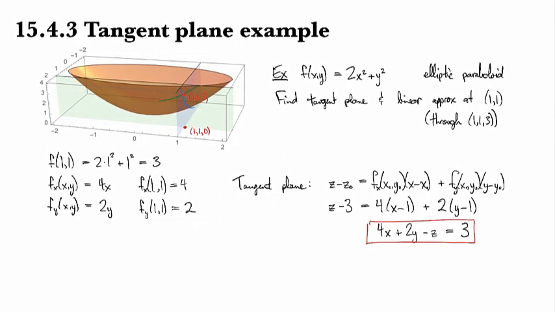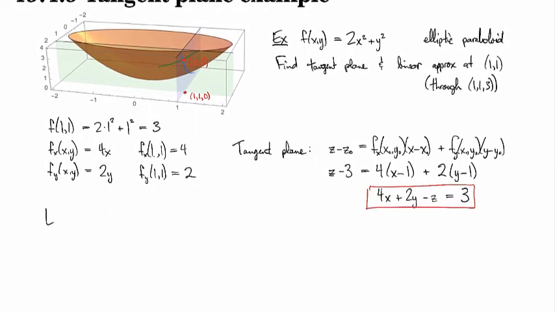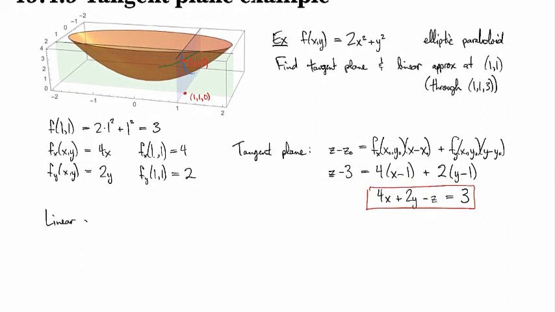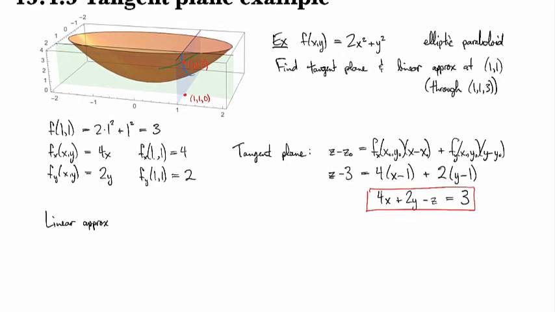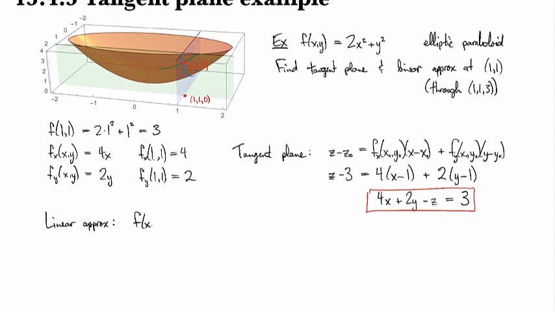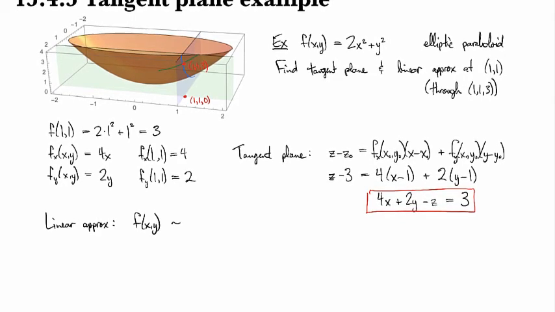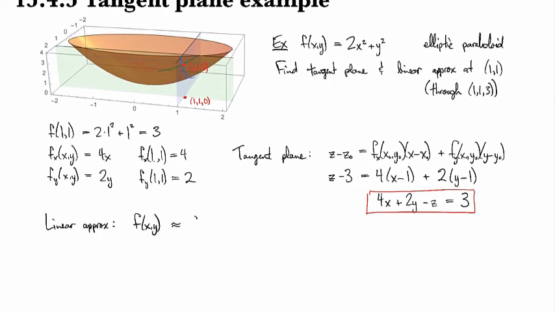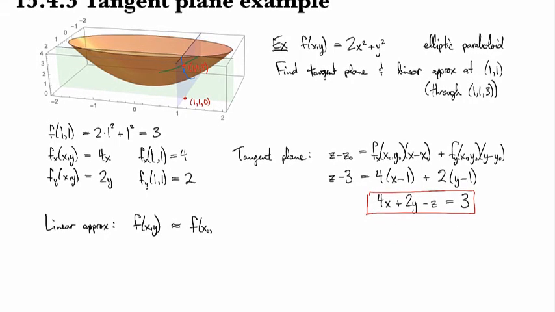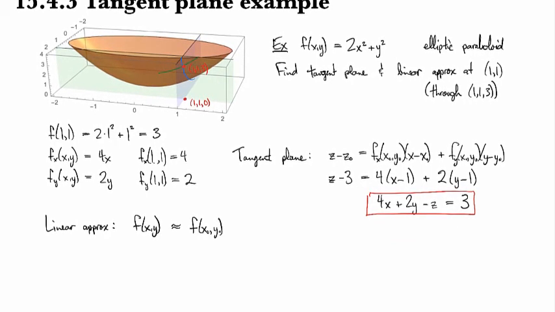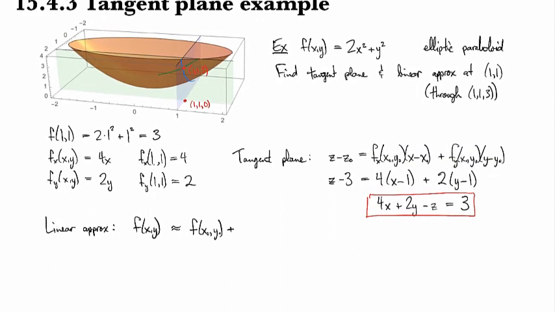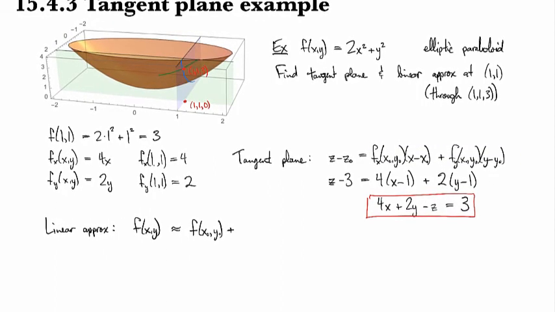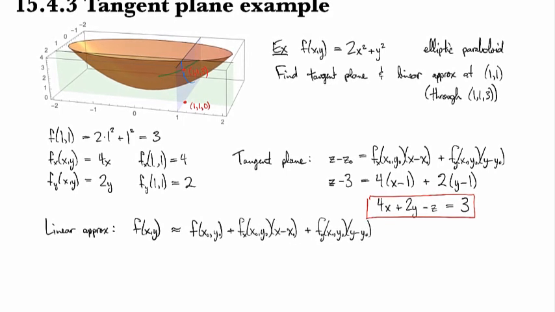All right, now for our linear approximation to f. f is going to be approximately given by its value at this point, and then we add in all that stuff that we used for the tangent plane.